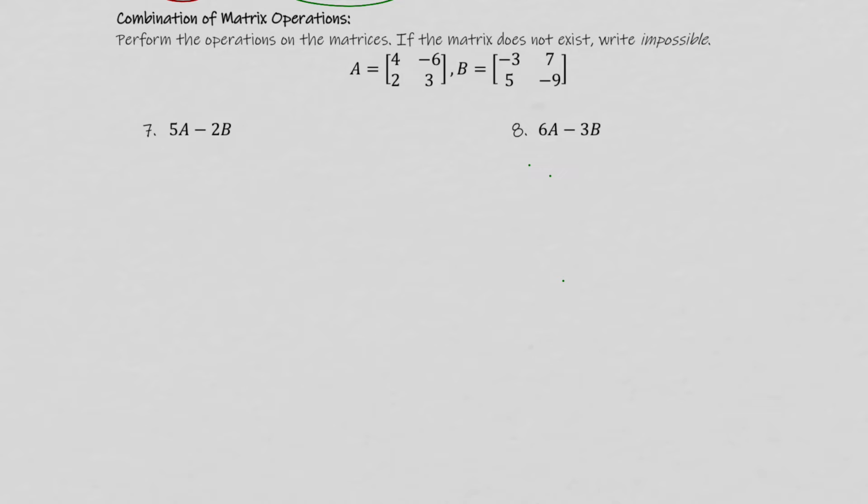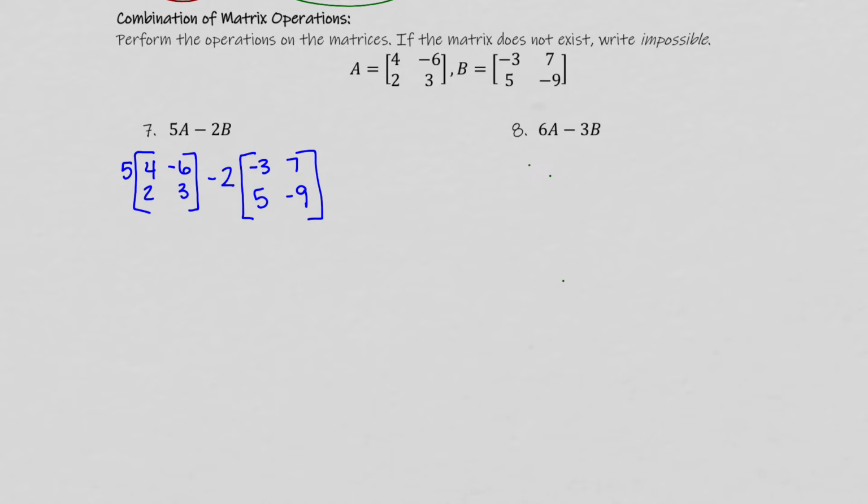All right, so it wants 5 times matrix A. So I'm just rewriting this out. Minus 2 times matrix B. Okay.